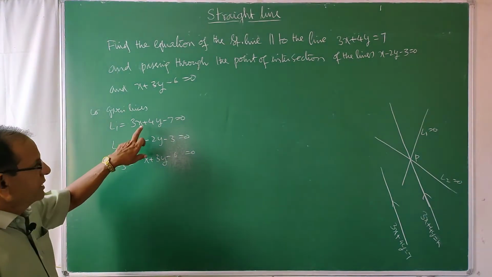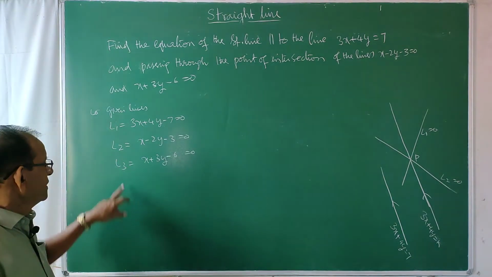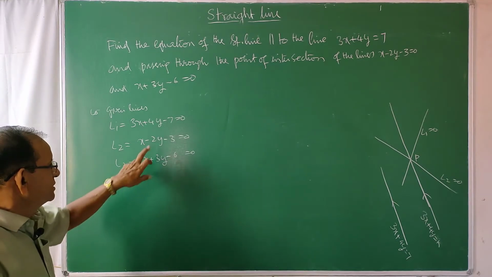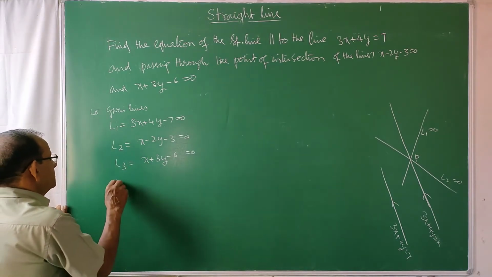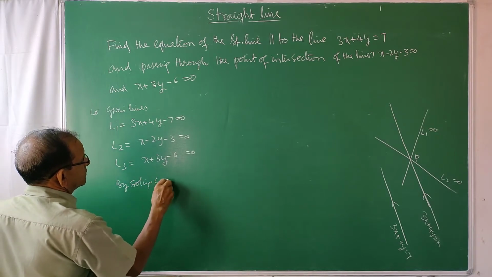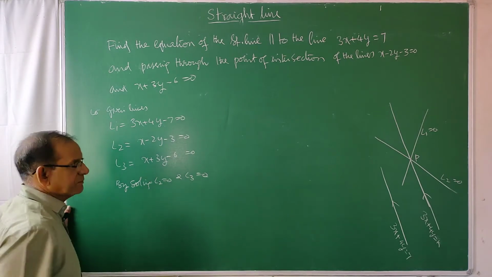Now I have to find out a parallel line to this one passing through the point of intersection of the last two. Because the point of intersection is required for the last two, let us solve these two first, L2 is equal to 0 and L3 is equal to 0. Let us use the cross multiplication method.